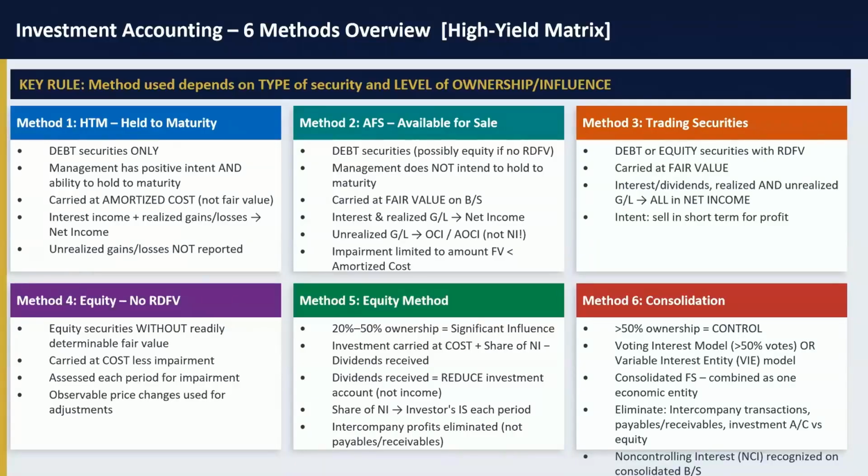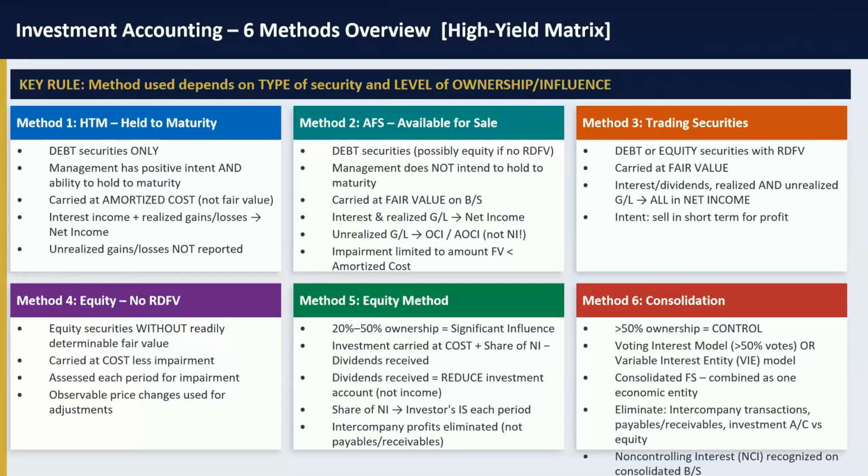Then method 2 is for available for sale debt securities. Okay, available for sale securities. So here, debt securities, you have bought them to sell them. Just fix it to debt securities, okay?